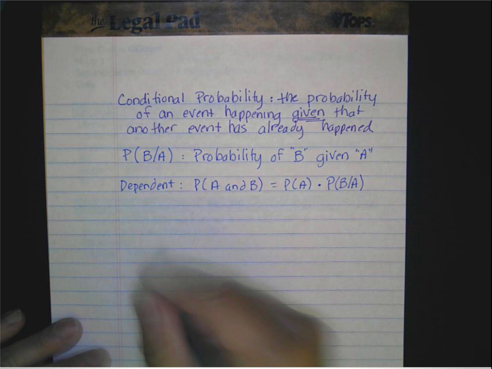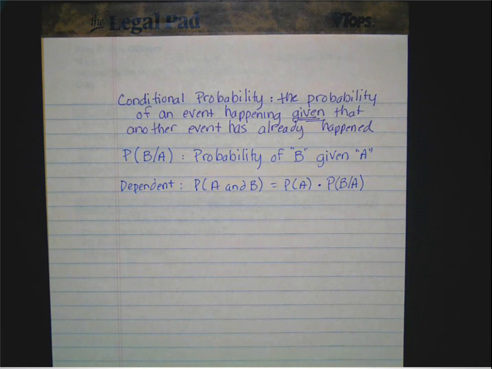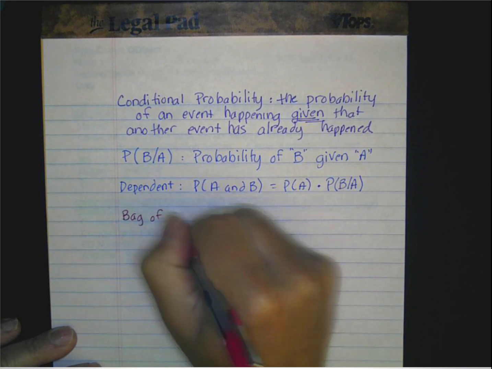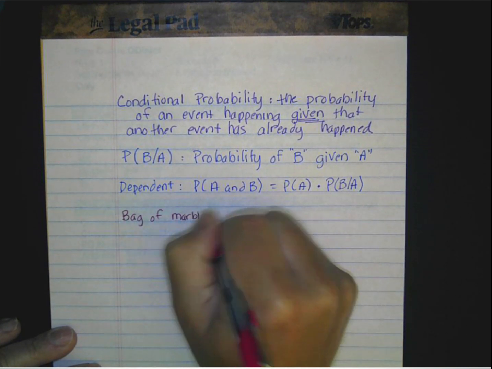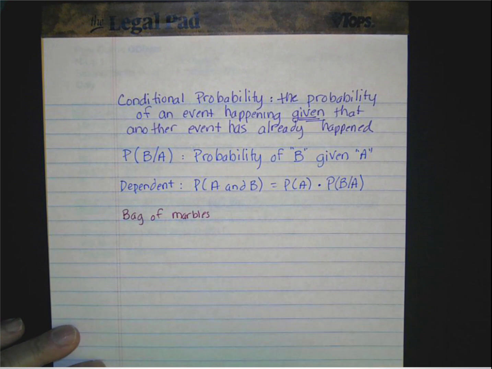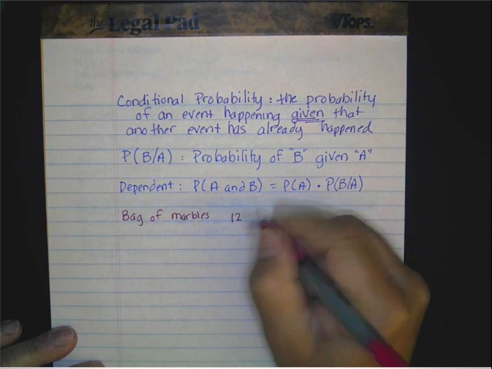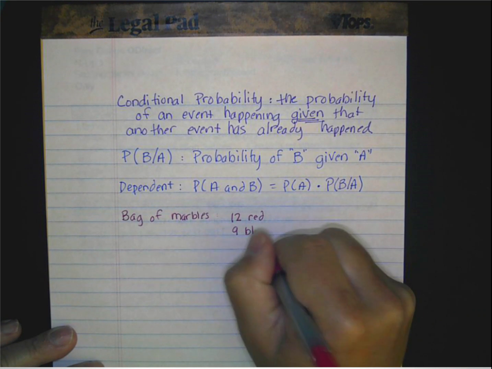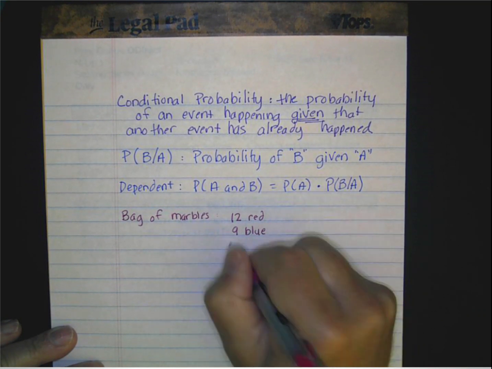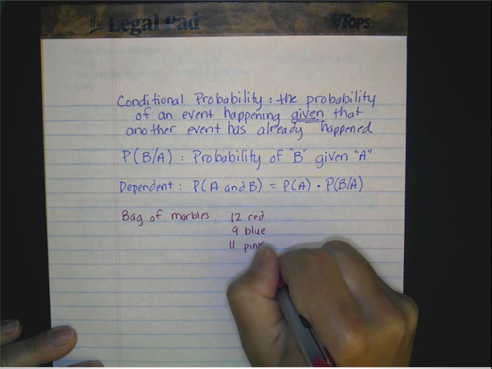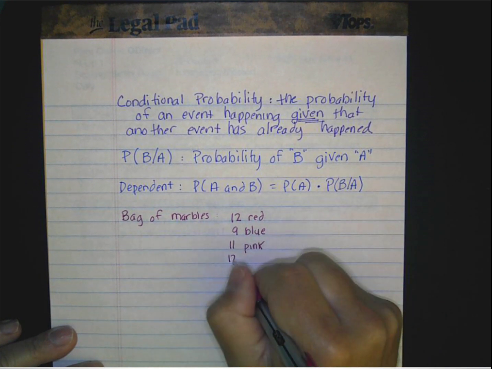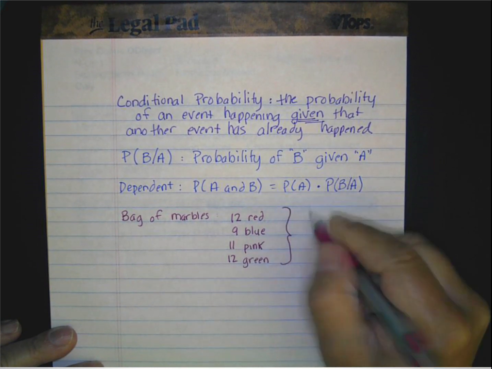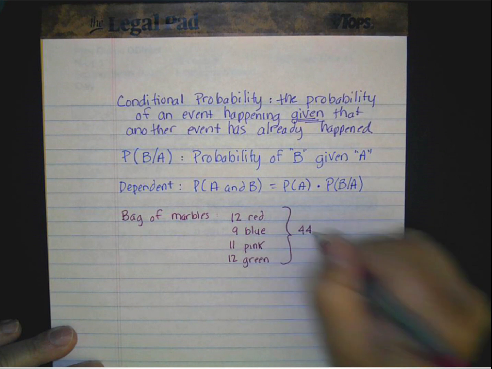Okay, so let's say the old go-to probability problem, a bag of marbles with different colored marbles. Let's say we've got 12 red, 9 blue, 11 pink, and 12 green. These are all in a nice little bag for a total of 44.